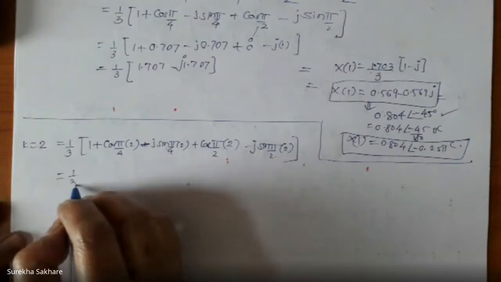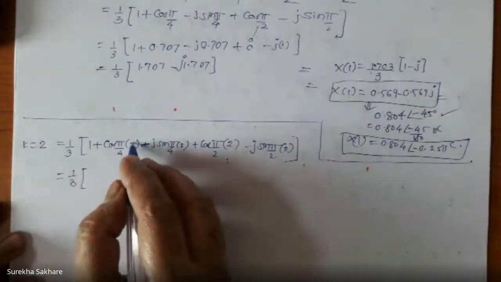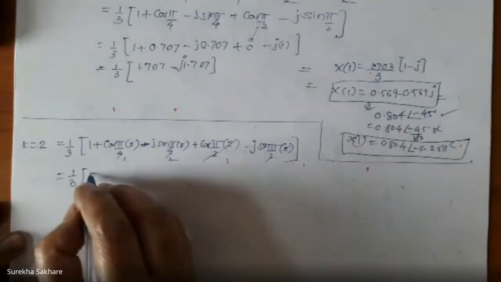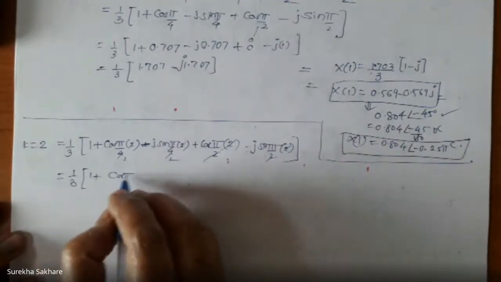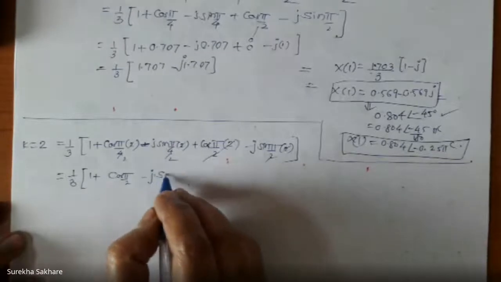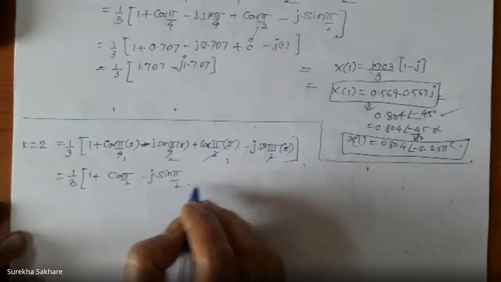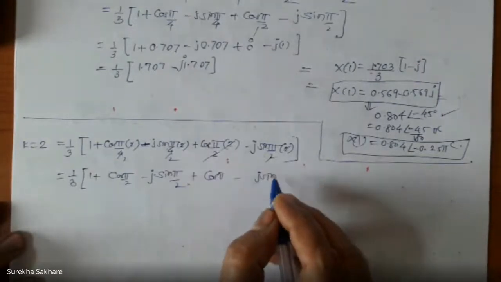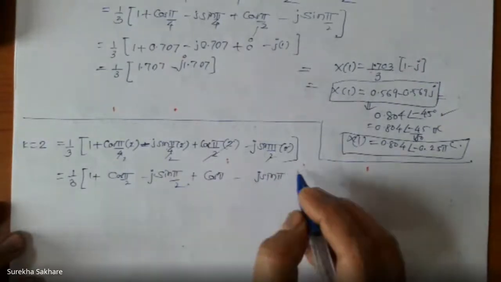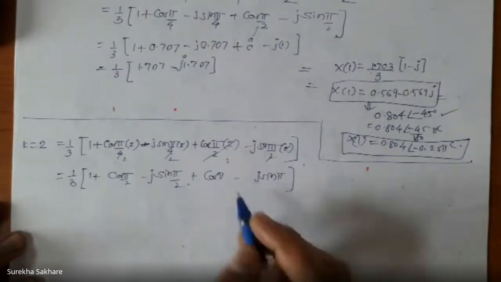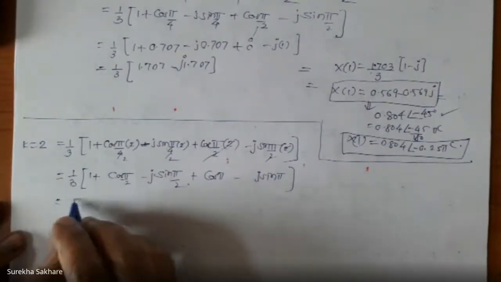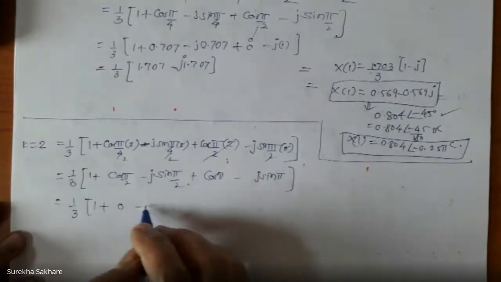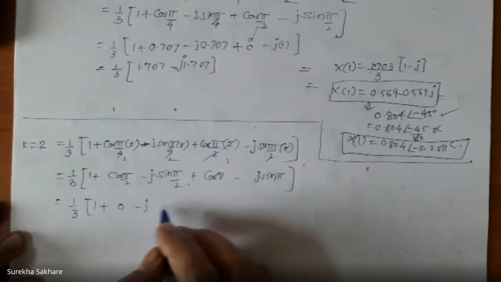So rewrite this: 1 plus cos pi by 2 minus j sine pi by 2 plus cos pi minus j sine pi. Now you see this is 0. Let us simplify. 1 plus cos pi by 2 is 0 minus j, then this is minus 1 minus 0.